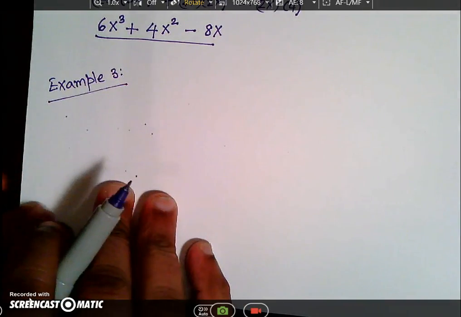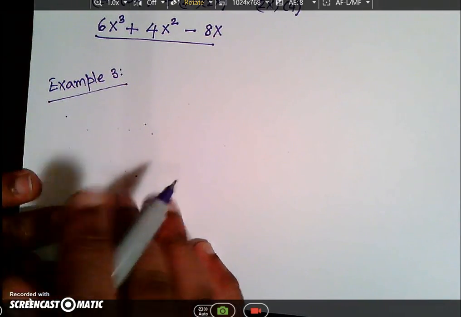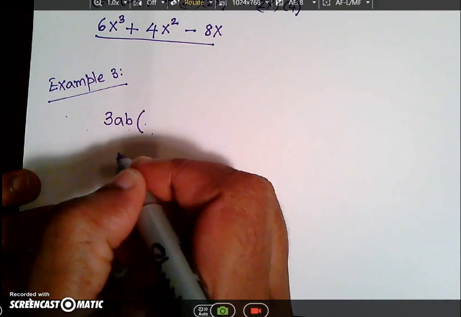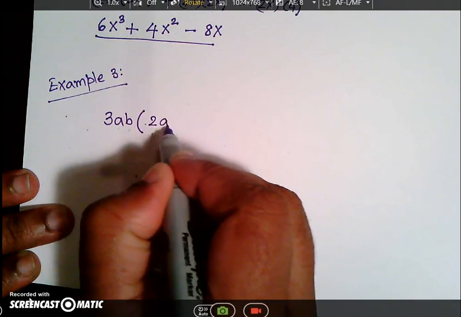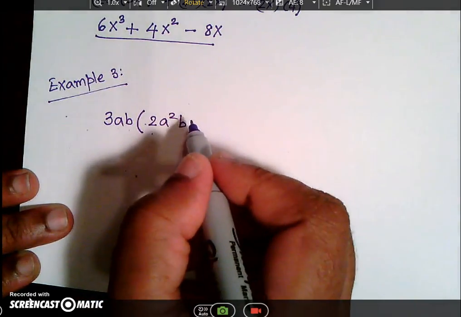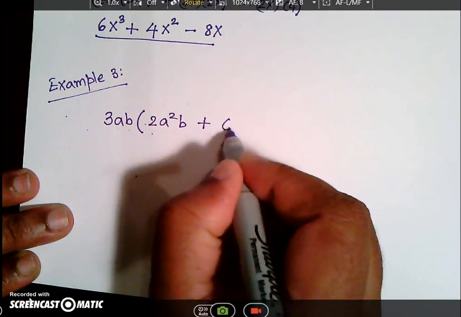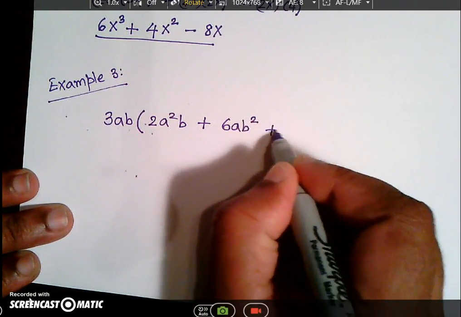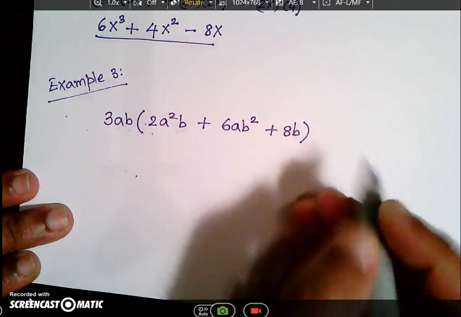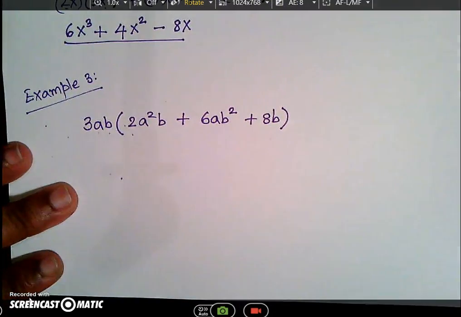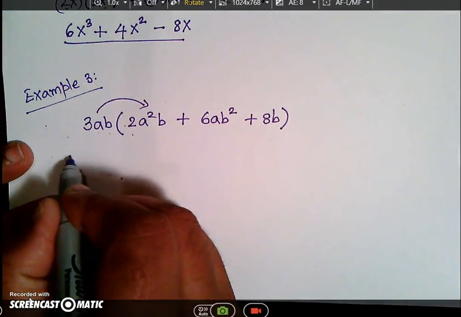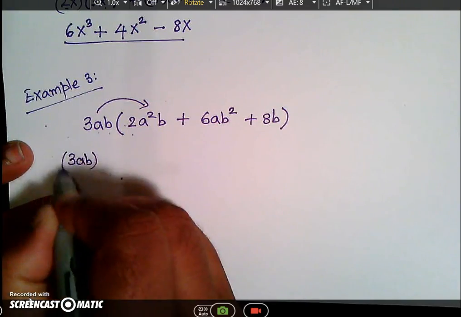I'm going to choose a complicated one. So let's say I have 3ab times 2a square b plus 6ab square plus 8b. Okay, so I'm multiplying 3ab times 2a square b.